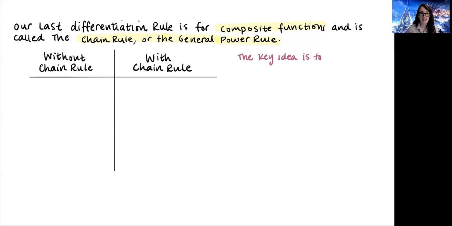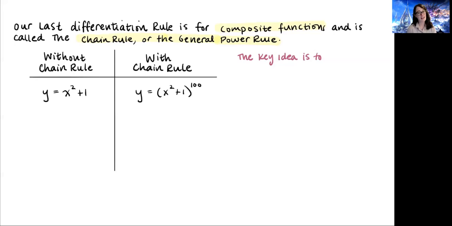Just to contrast the kinds of things that we could differentiate without the chain rule and things that we can now differentiate with the chain rule once we learn what the rule says, here's a few examples. Without the chain rule, we know how to differentiate something like x squared plus 1. With the chain rule, we will be able to differentiate something that looks like x squared plus 1 to the 100th power.